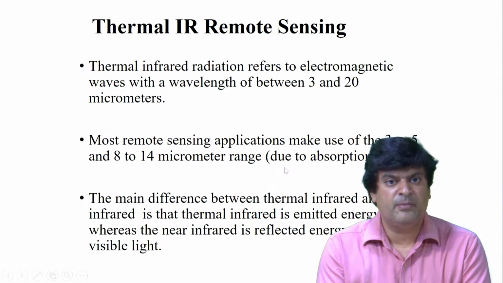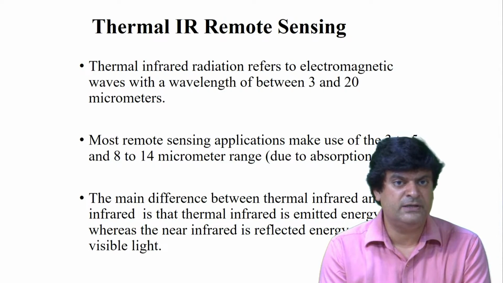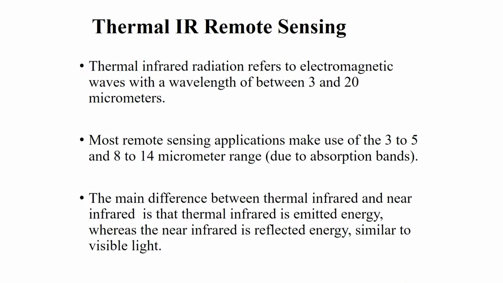Now the range of the electromagnetic spectrum used in thermal remote sensing is 3 to 14 or 3 to 20 micrometer, but not the entire range is used for earth observation, because there is an absorption band from 5 micrometer to 8 micrometer.